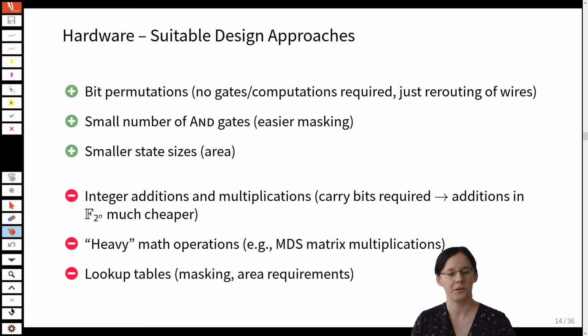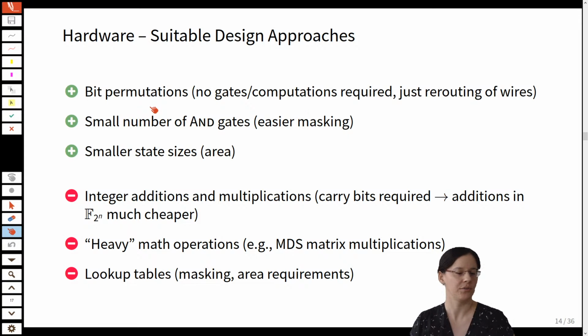So what works particularly well there? One thing that's super cheap and costs essentially nothing is exchanging the position of bytes, so something like bit permutations. We saw an example for this last week, and I'll also show it again in a moment. This is simply a rewiring of the circuitry. It needs no gates. It needs, well, nothing essentially.